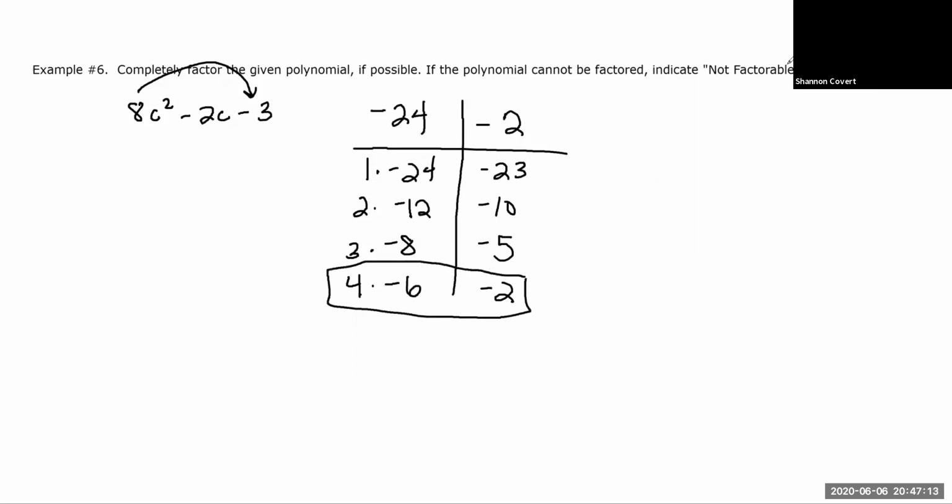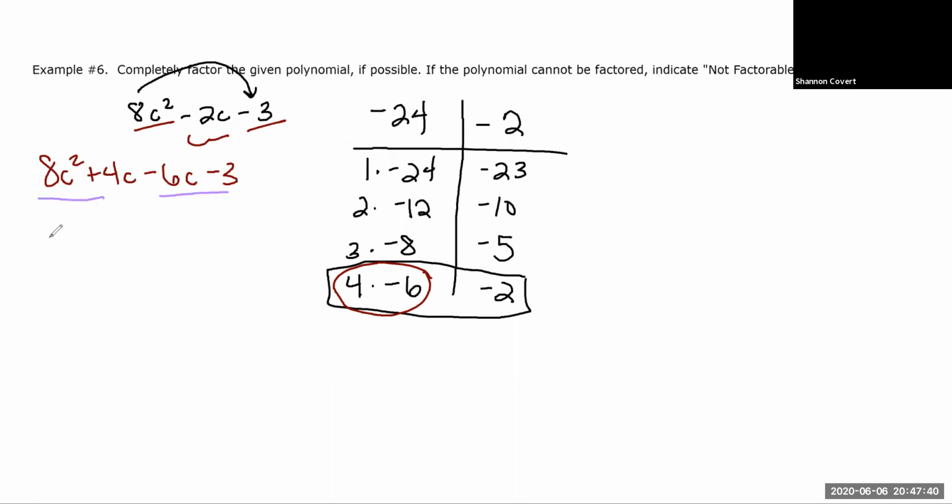So we're going to replace that middle term with +4 and -6. So 8c squared plus 4c minus 6c minus 3. Remember, we keep our first, keep our last. You replace the middle. So now we look at those first 2 and last 2.